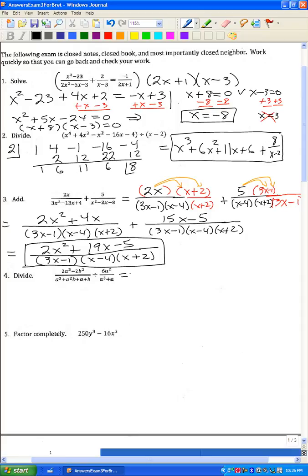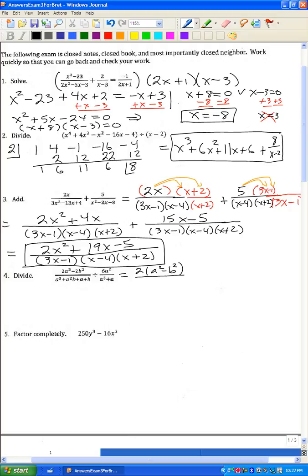Okay, so now let's rewrite division as multiplication by the reciprocal. Notice that I can factor 2 from the numerator. So what I have remaining is 2 times a squared minus b squared. In the bottom, I can try to factor by grouping.